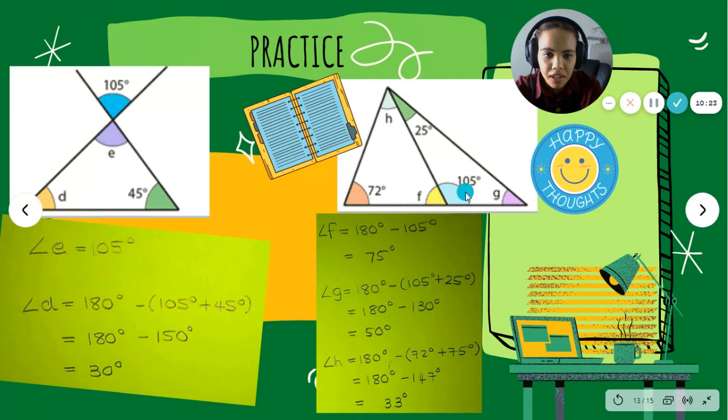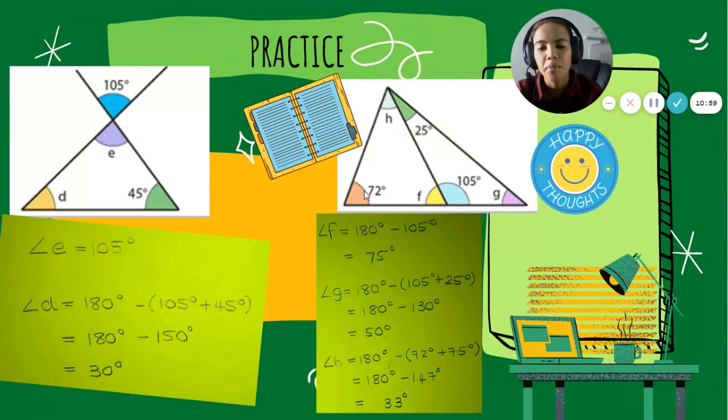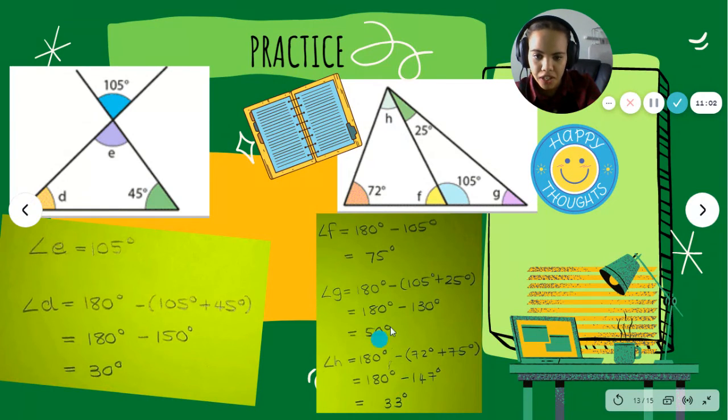Angle F plus 105 equals a straight line. So I got 75. Angle G, that's easy to find now because I have this full triangle. So 180 minus 25 plus 105. Angle H, well now I have all these angles. I have angle F, so I can just subtract that, and the sum of 72 from 180. Make sure you have my answers.